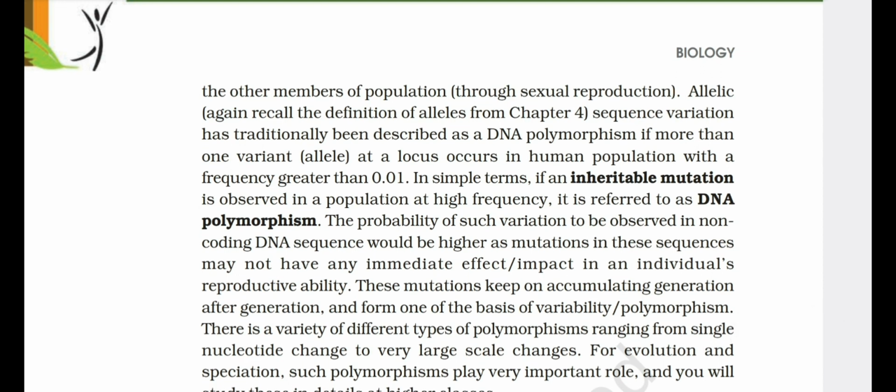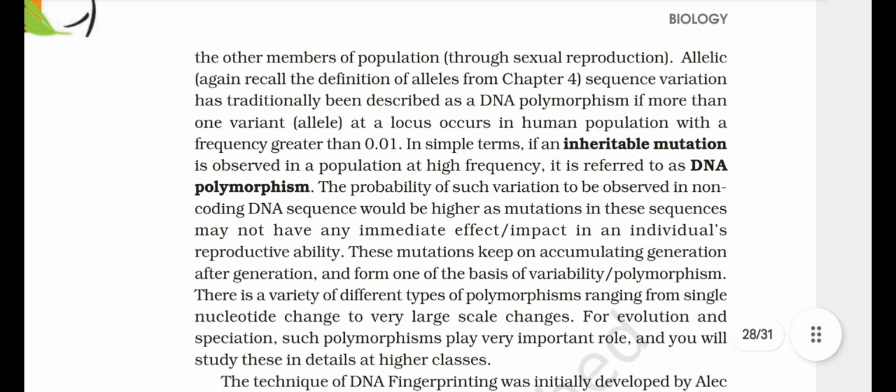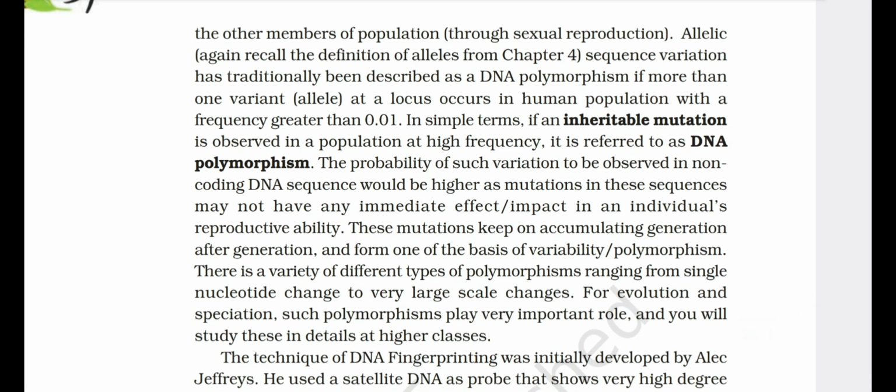If more than one variant at a locus occurs in the human population with a frequency greater than 0.01, in simple terms, if an inheritable mutation is observed in a population at higher frequency, it is referred to as DNA polymorphism.